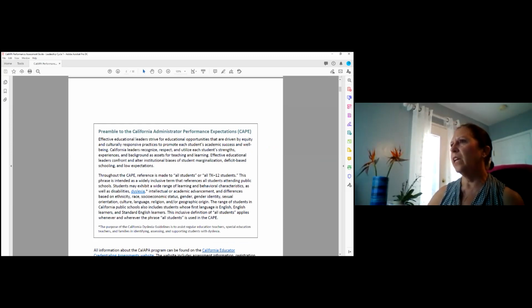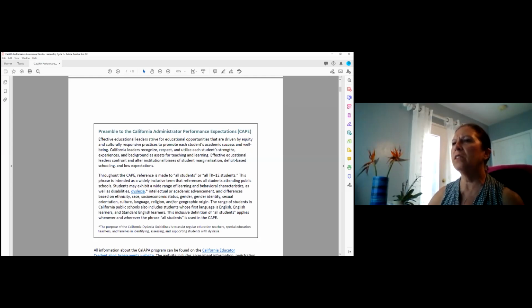It also is posted in the front page of the TPA, the California Teaching Performance Assessment, and is important for us to pause and note this comment about equity and culturally responsive practices. That's what we are expecting to see, that California leaders recognize, respect, and utilize each student's strengths, experiences, and background as assets for teaching and learning.